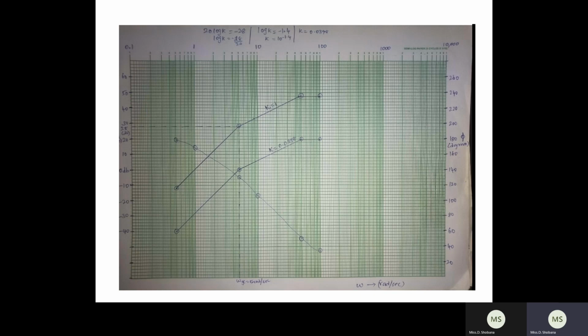At 50 radian per second you got a gain of 48, and at 100 also 48. Join all the points with a scale and you will get the magnitude plot for k equal to 1 completed. Then for the various frequency phase angle values, mark all the points and join them with a smooth curve. This will be your phase plot. So it's completed. Now come to the problem.